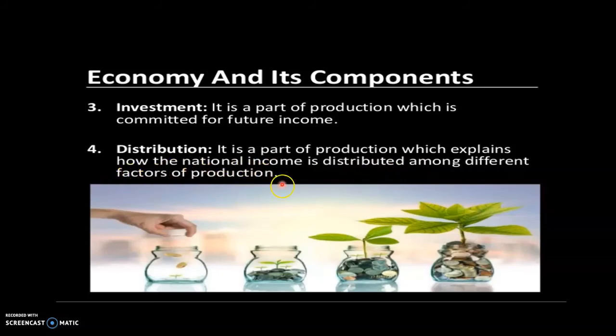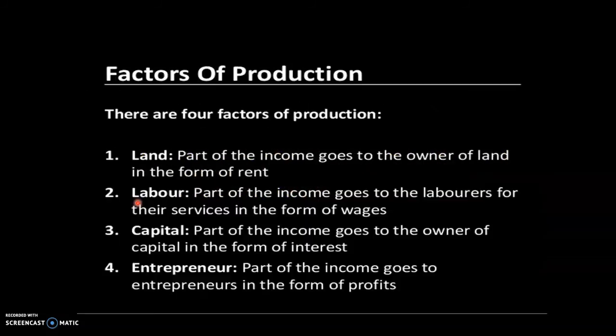So what are the different factors of production? Land, labor, capital, entrepreneurship, all these are the four factors of production. How is this national income distributed among these factors of production? Once more, there are four factors of production: first land, then labor, then capital, then entrepreneur.